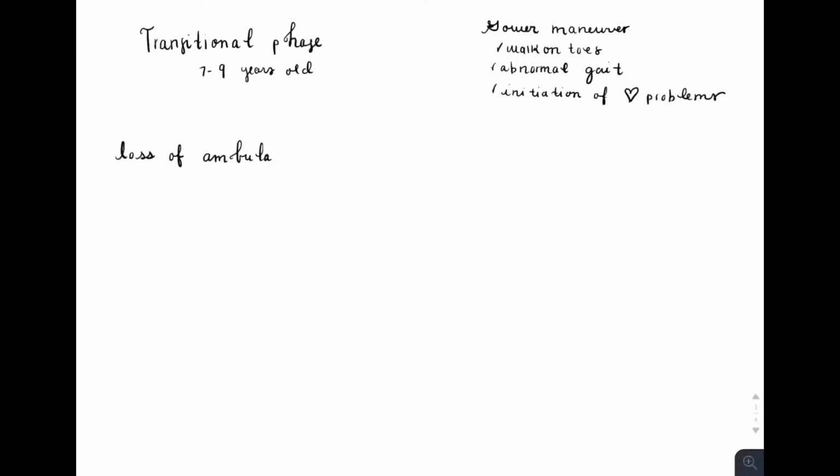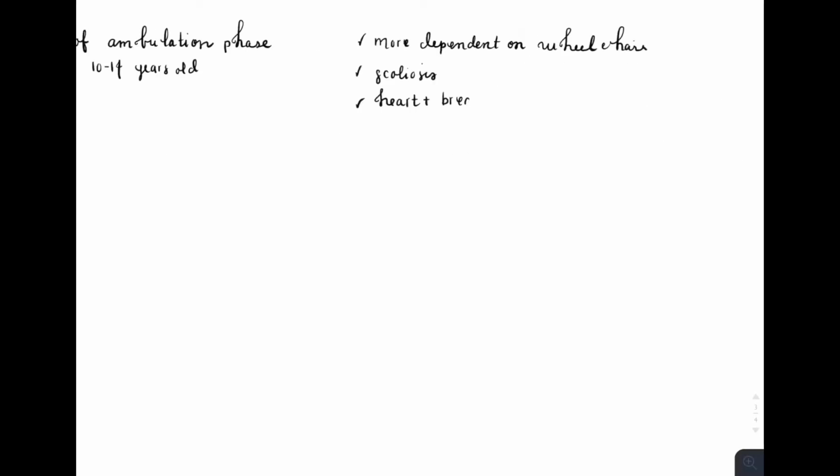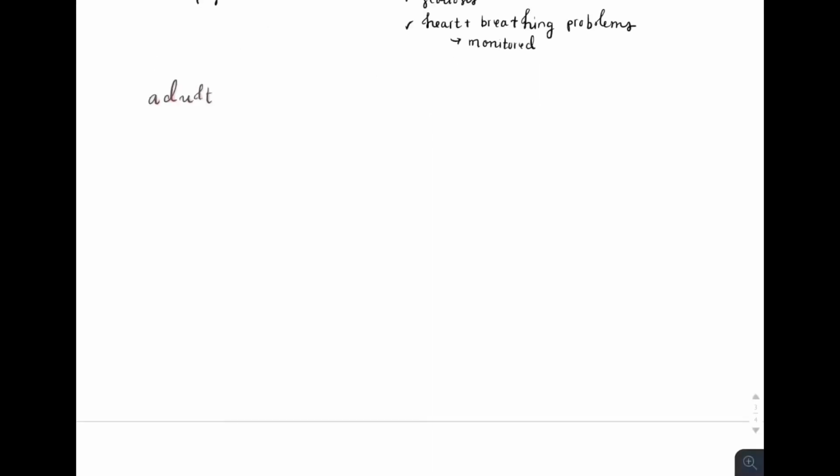In the loss of ambulation phase, which is from 10 to 14 years old, they begin to have more complications. They are more dependent on a wheelchair. They begin to display scoliosis as a result of physiological changes such as a curved spine, and they begin to have heart and breathing problems due to a weakened diaphragm and heart muscle.